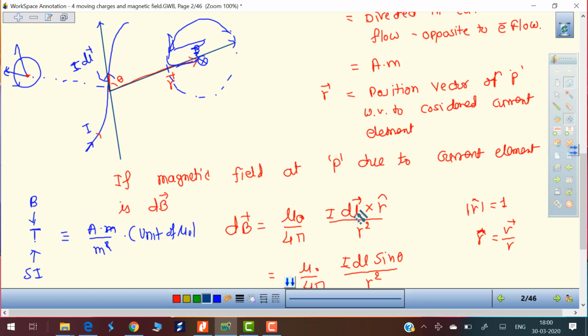Both follow the inverse square law. Both depend on the medium. One is an electrical property and the second is a magnetic property, because here mu 0 appeared, and there it was epsilon 0. So there are some similarities and some differences.